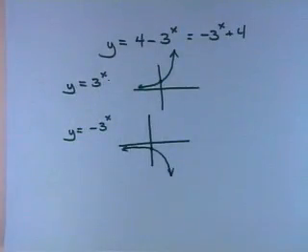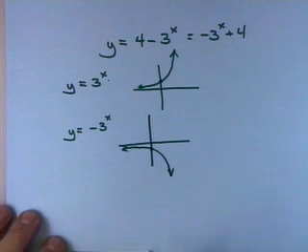Now that we have negative 3 to the x graphed, what do we do to that to finish this? Lift it up 4. So rather than trying to do this point by point, you might want to just go by the asymptote. What's the asymptote in this function? The x-axis itself. And now we want to make the line y equals 4 our horizontal asymptote.